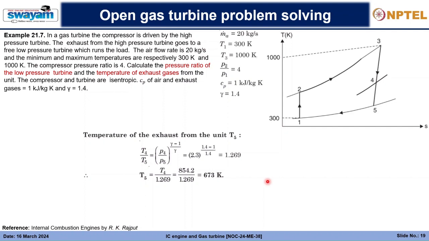In an open cycle gas turbine, we saw how we can increase the specific work output and the thermal efficiency, and what a closed cycle gas turbine is, and how a complete closed cycle gas turbine looks like, if we utilize all the concepts of an open cycle gas turbine, like regeneration, intercooling, then reheating, in order to increase the specific work output as well as the thermal efficiency simultaneously. Those concepts we have learned in this session.